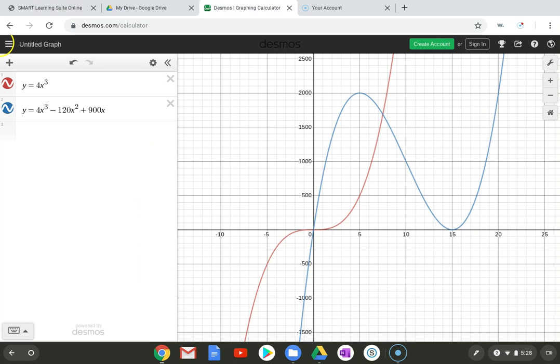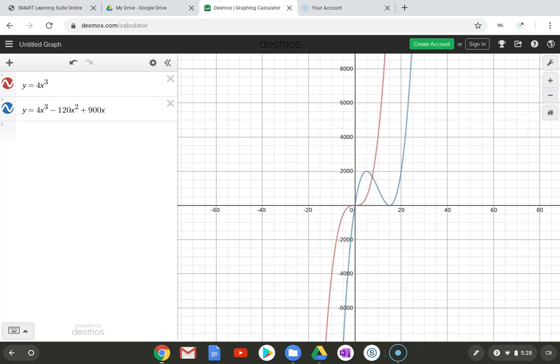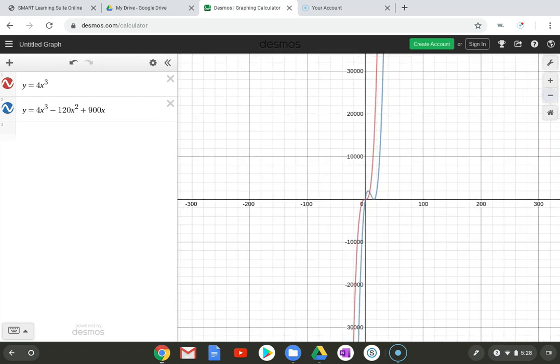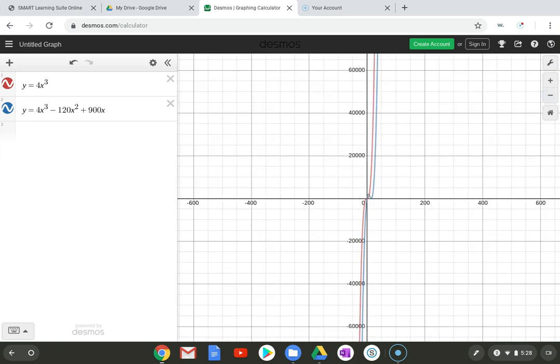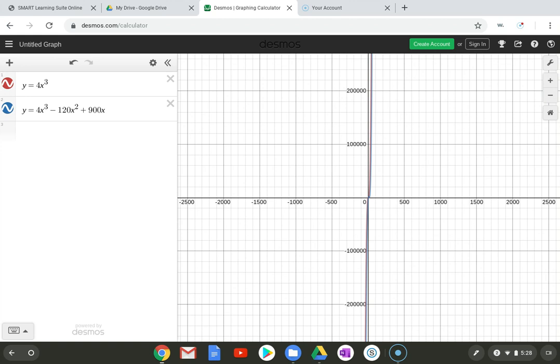However, if we start to zoom out, now they still look different, still look different, still look different, but notice that this middle part right here is becoming more and more insignificant the more we zoom out. And so as we zoom out further and further, the graphs start to fall right on top of each other.